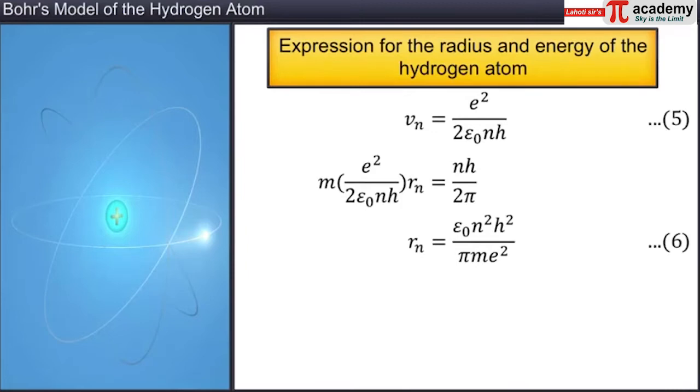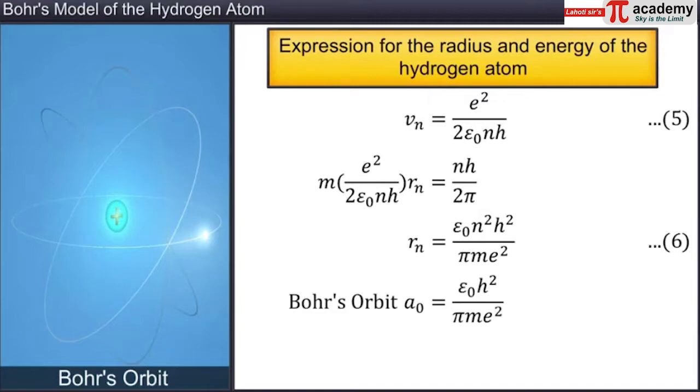By substituting n equal to 1 in the above equation, we get the radius of the innermost orbit, which is Bohr's orbit and is represented by A0. Given A0 is equal to epsilon naught h square by pi m e square.